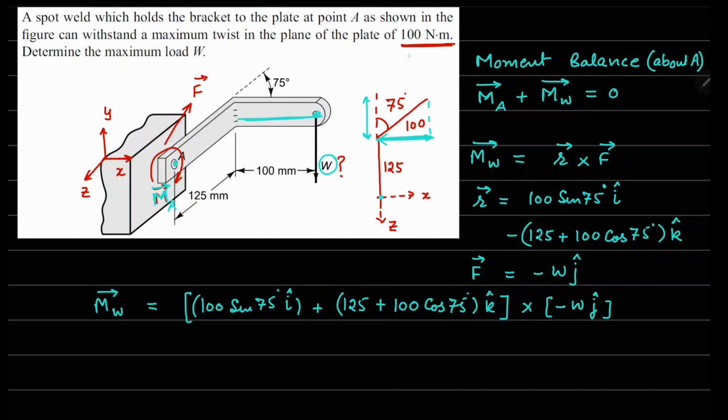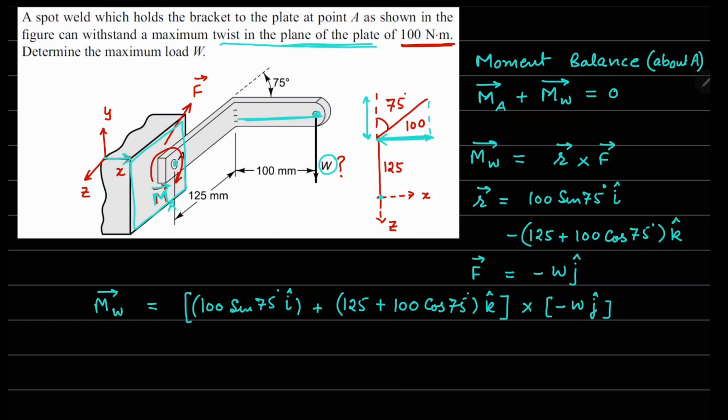Now remember, we have to figure out how much is the twisting in the plane of the plate. So if you look at the plane of this plate here, this plane will be defined with the normal going in the x direction. So basically we have to look at the x component of this moment.